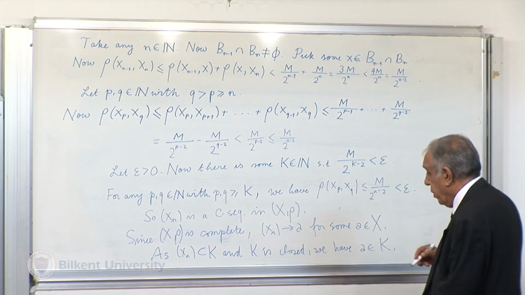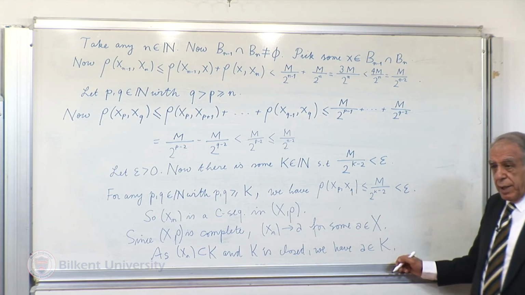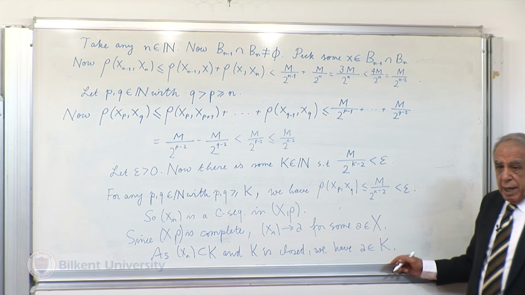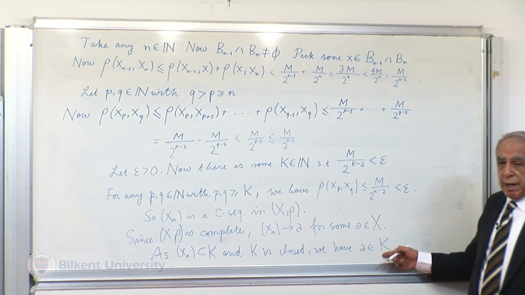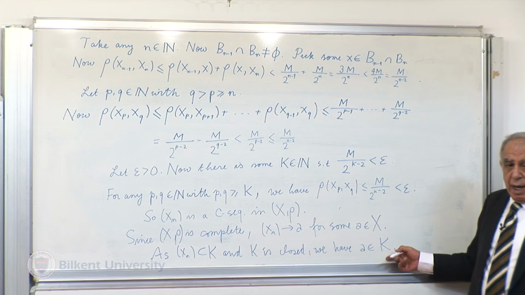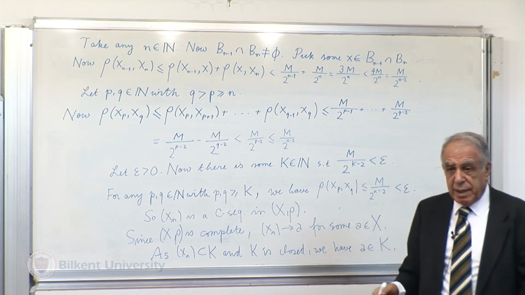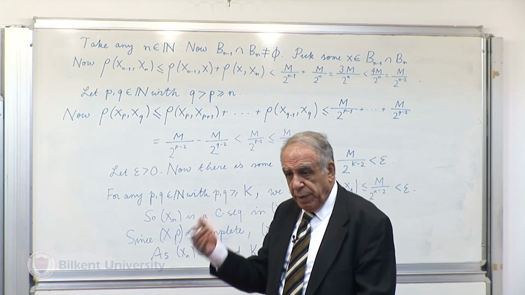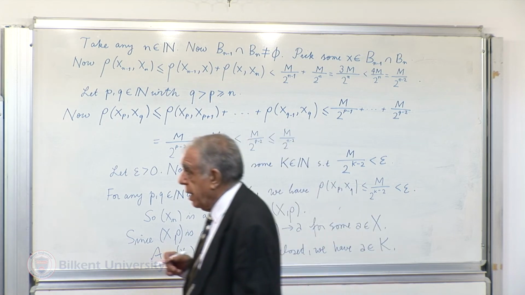We are very close to getting a contradiction. Well, script G, that's an open covering of K. A is in K, so script G contains a member, an open set, which contains A.